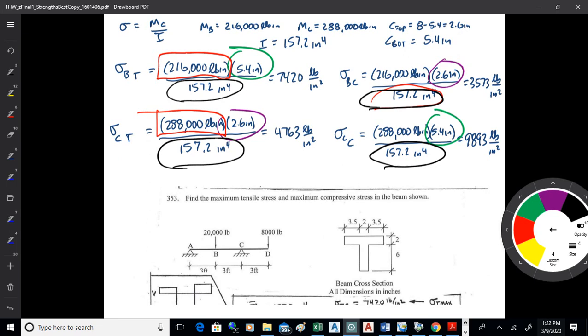But then I also have to account for the C value. At B, the tension is down, the compression is up. At C, it's the other way around. The tension is up, the compression is down. So I just plug all that in, and rather than thinking it through beforehand, I just ran all the numbers, and there's my biggest tension right there. It's 7420, and there's my biggest compression, 9893.